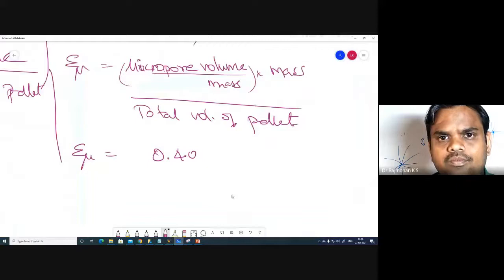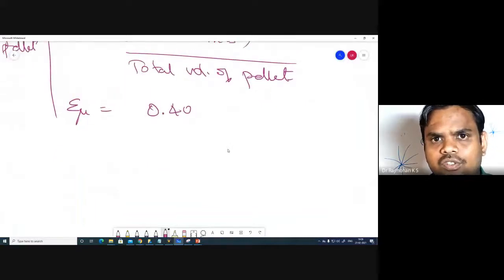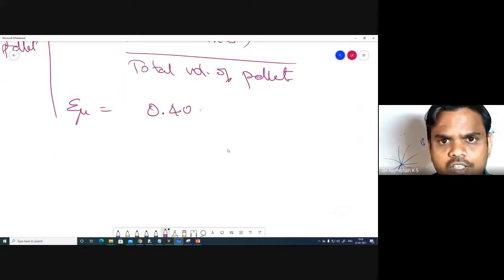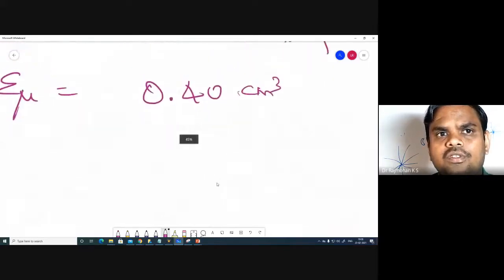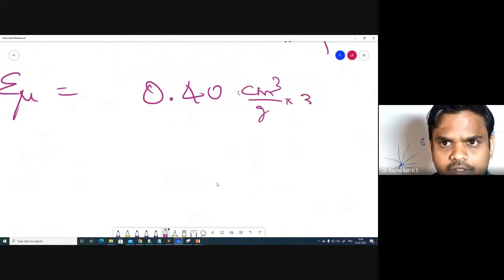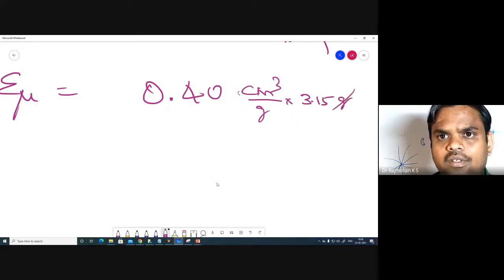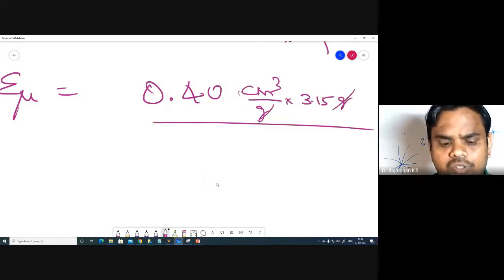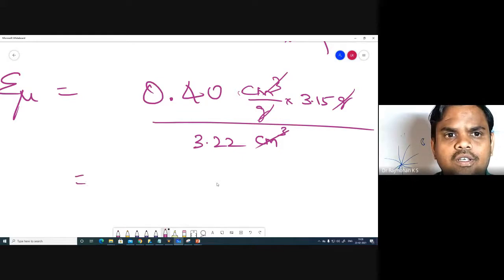Please move to the board, use your calculator and write the values. We have 0.40 centimeter cube per gram multiplied by 3.15 grams, so gram gets cancelled. That is the gram of one pellet. 3.22 centimeter cube is the volume of one pellet, so centimeter cube gets cancelled.